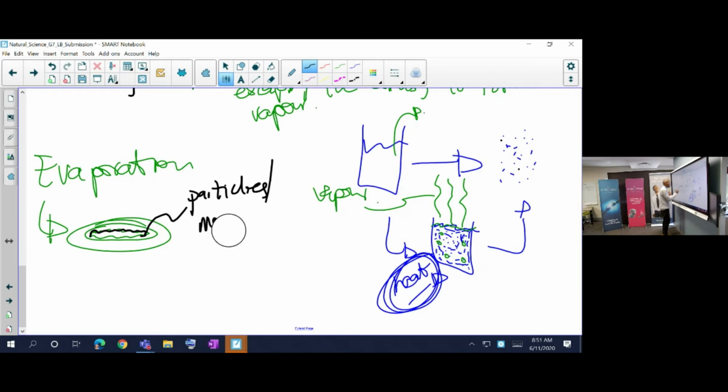Call them water particles or molecules that will gain enough energy at the surface and escape. Meaning by each layer they'll be escaping on their own.